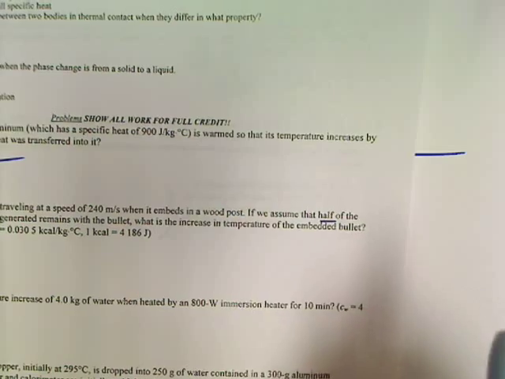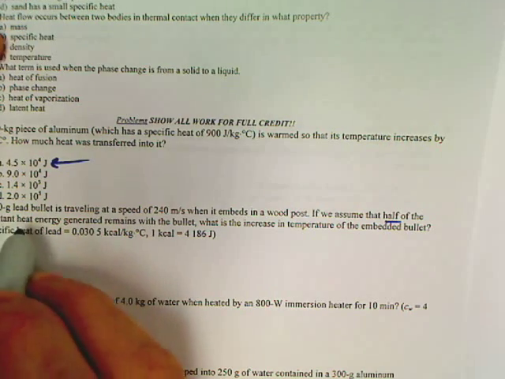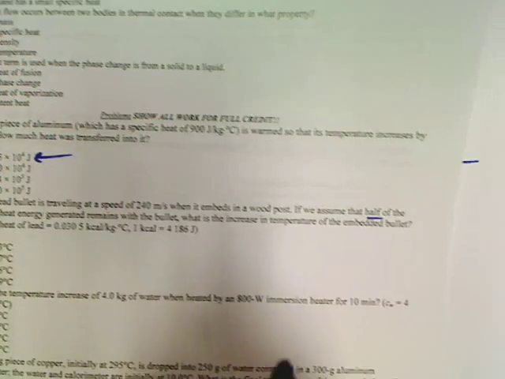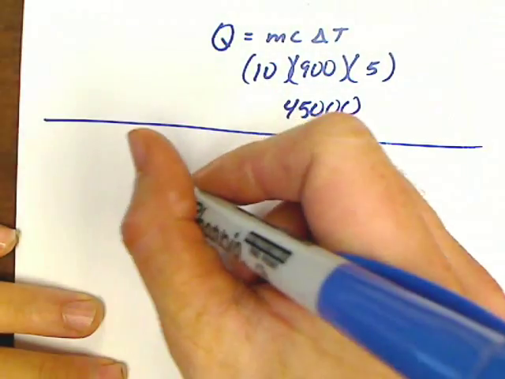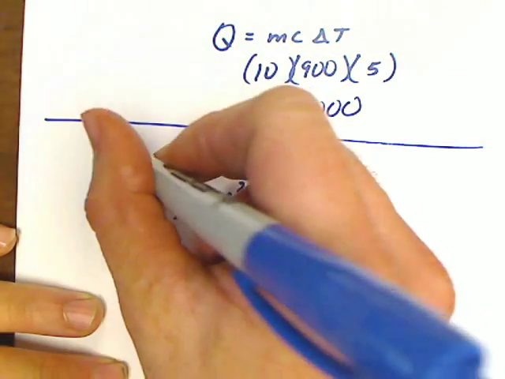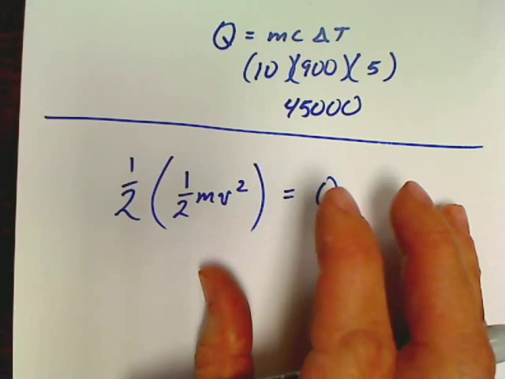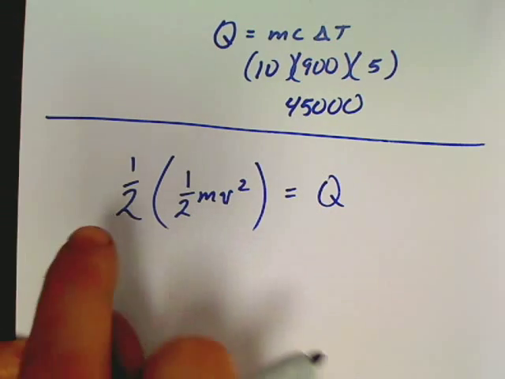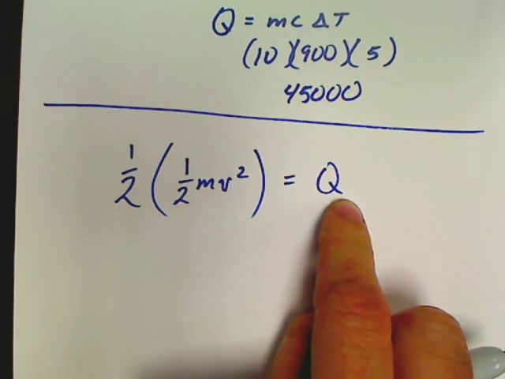Half of the resultant heat energy remains in the bullet. So basically it's saying that 1/2 of this energy actually goes into heating up the bullet. So half the energy actually goes into heating up the bullet in this question.